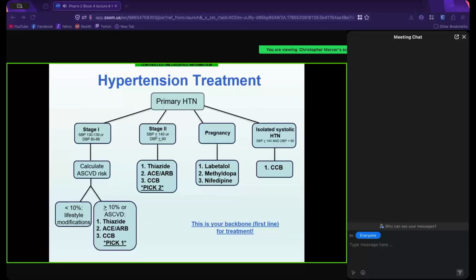So we're moving past pick 1 from the 3 backbones: thiazide, ACE, or CCB. So now what, right? We can switch the primary one he was on and pick 2 new ones from those 3 classes, or we can keep what he or she was on and add another from those classes, dependent on comorbidities, as always.